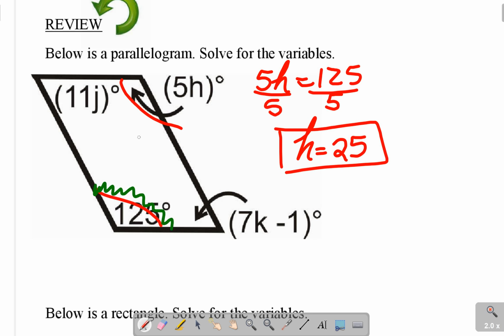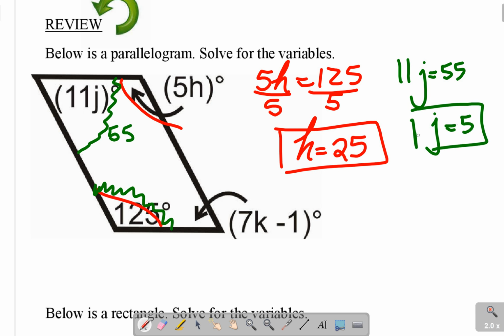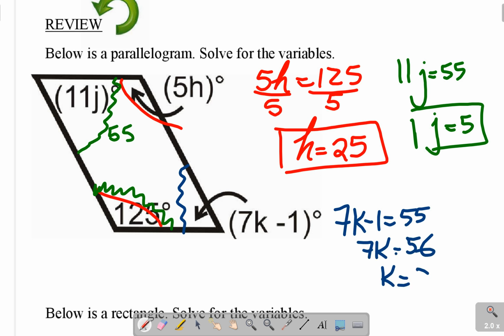So if this is 125, this right here is going to be 55. So I have 11j equals 55, and of course j is 5. And this is 55. This is also 55, so I have 7k minus 1 equals 55. 7k equals 56, and of course k equals 8.